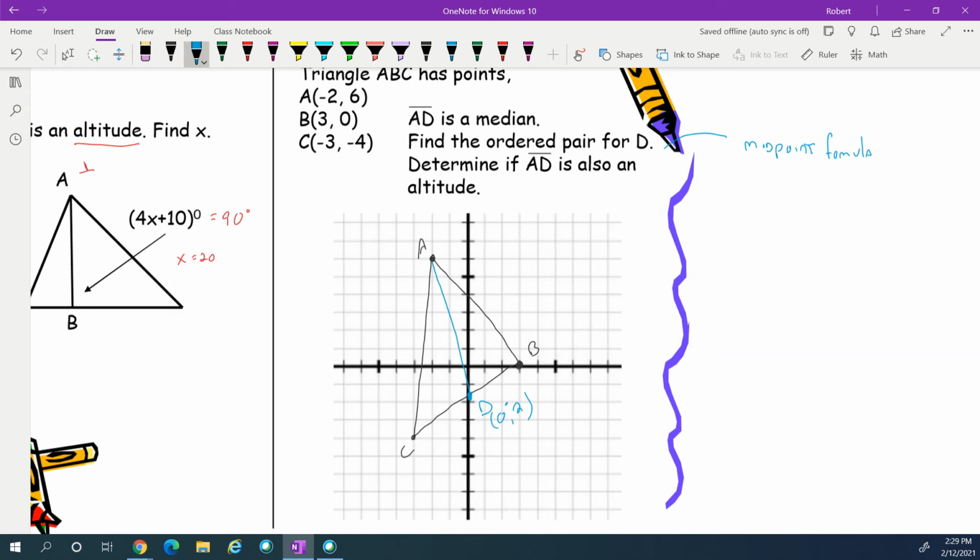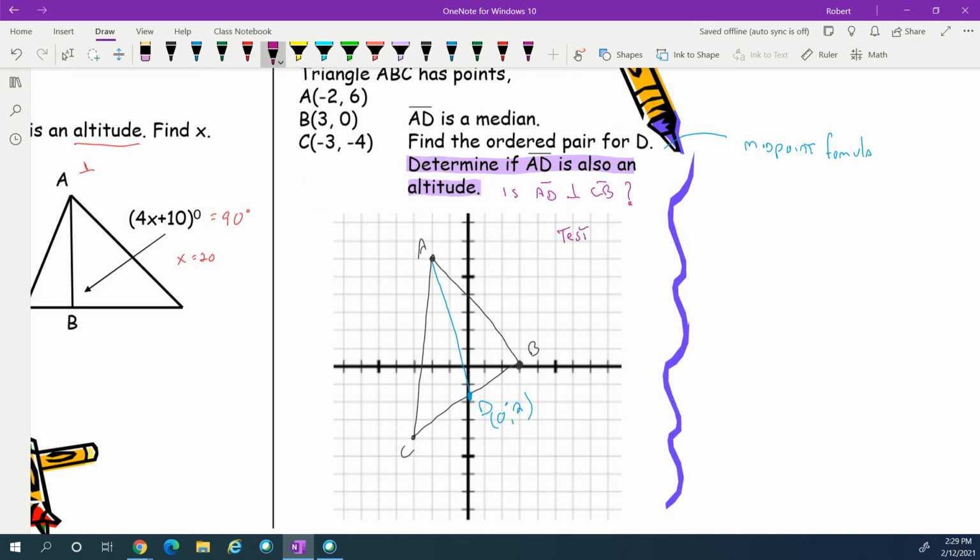So what's the new piece here? We're going to determine if AD is an altitude, which means is AD perpendicular to CB? An altitude has to go from a vertex perpendicular to the opposite side. Well, it's going vertex to opposite side. Question is, is it perpendicular? How can we determine if these segments are perpendicular?